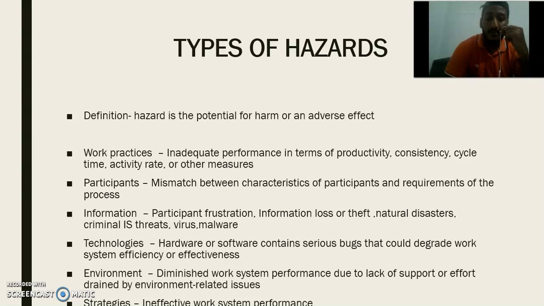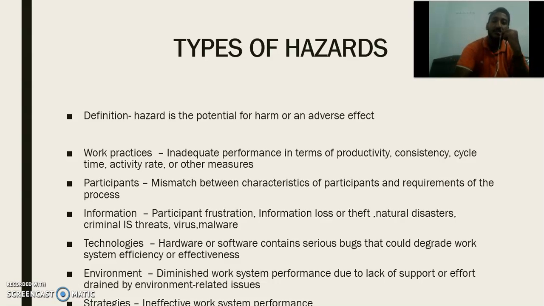Work practices hazard occurs from poorly designed business processes and inadequate resources to support the work practices, which causes a negative impact on productivity, consistency, cycle time, activity rate, and other measures.